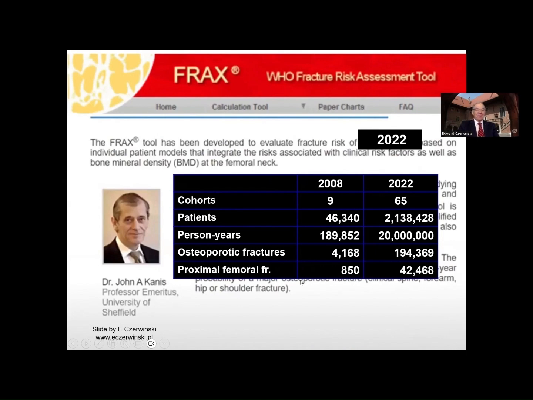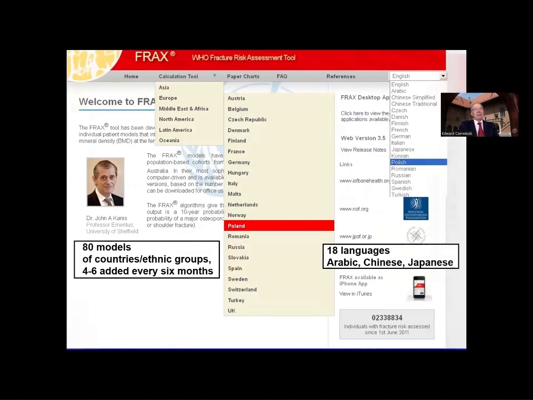Enormous material, which allowed Kanis to calculate very precisely and almost new risk factors. I will talk about this later.